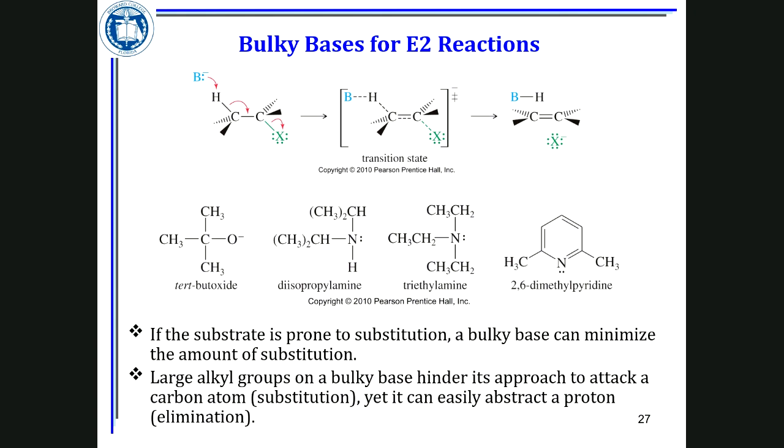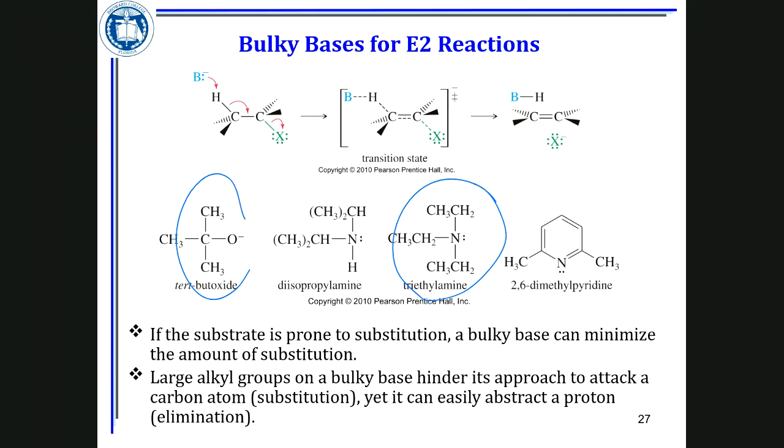You also need to know the bulky bases. The advantage of a bulky base is that it's going to slow down the SN2 type reactions. It's a strong base. It can go through SN2 reaction at the same time that it's going with E2.